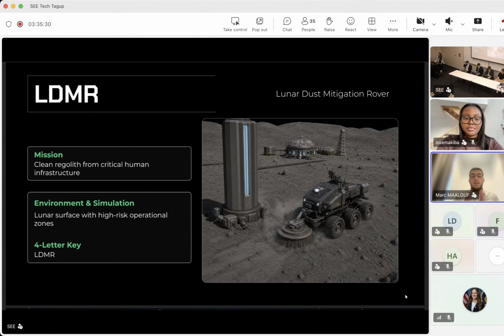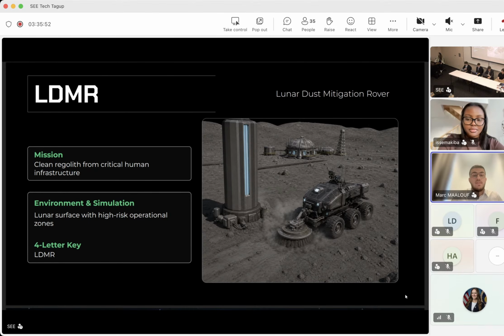Lunar dust can become a major problem because it damages machines and critical infrastructure over time. So the role of LDMR is to clean the regolith from the facilities.